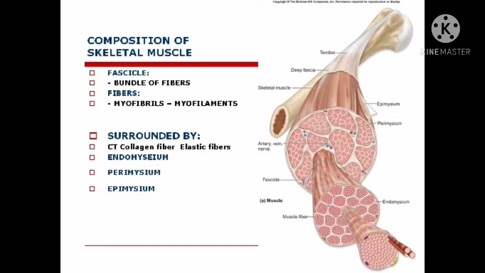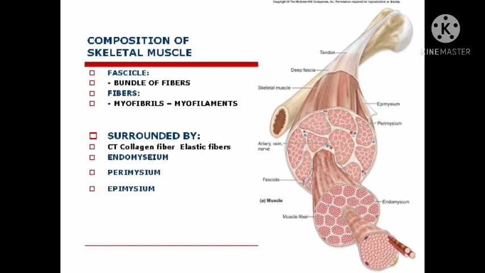In it there are separate minute circles; the larger circles are the fascicles. The fascicles are structures containing bundles of fibers, and the fibers contain the myofibrils or myofilaments, the histological structure of the muscle.